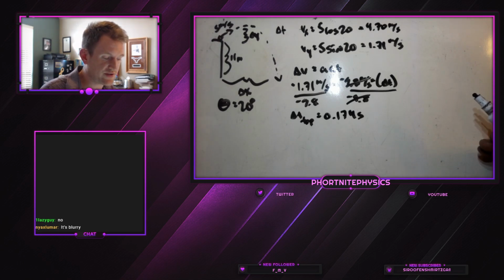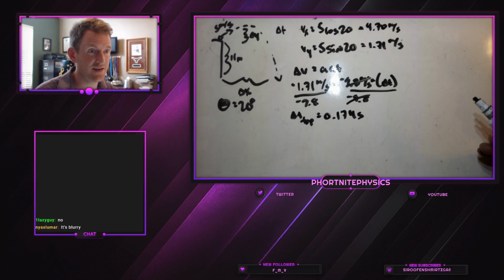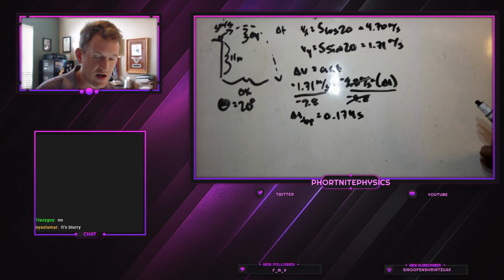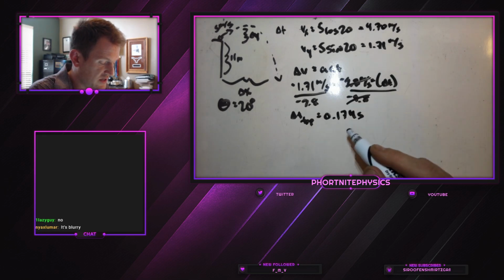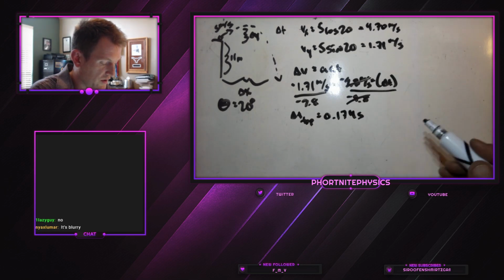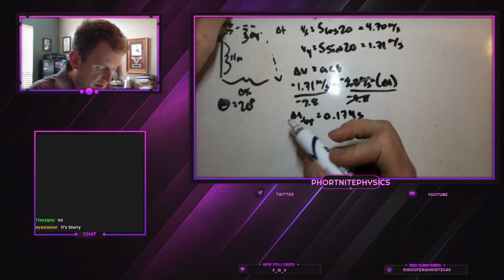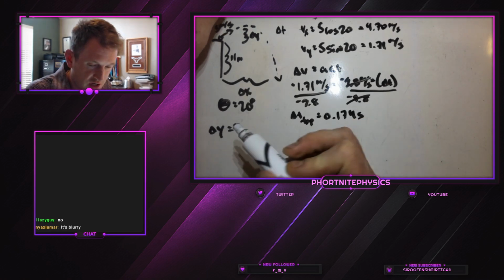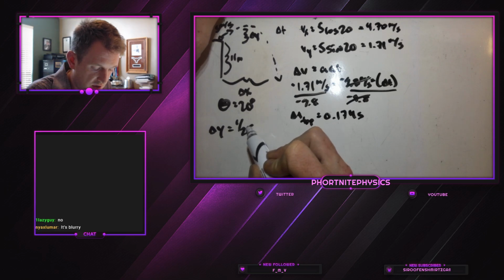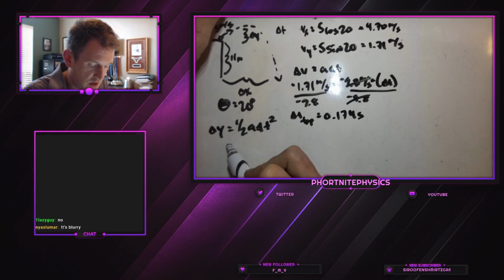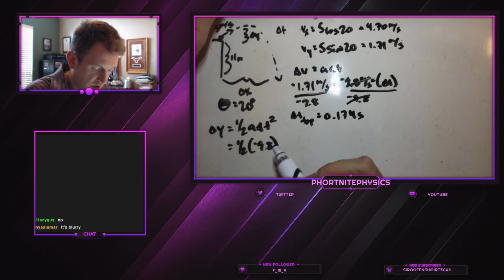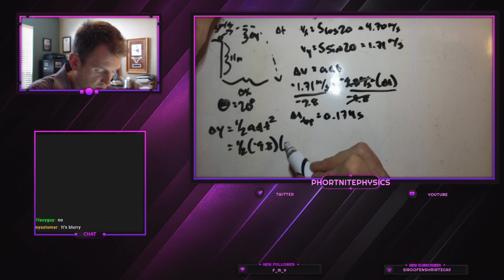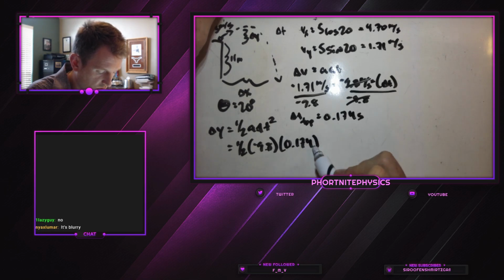But that's not the only bit. We need to know how long it takes to get all the way back down and how high up it went. So let's see how high it goes in that first 0.174 seconds. Our change in y is 1/2 a delta t squared, or 1/2 times negative 9.8 multiplied by 0.174 squared.